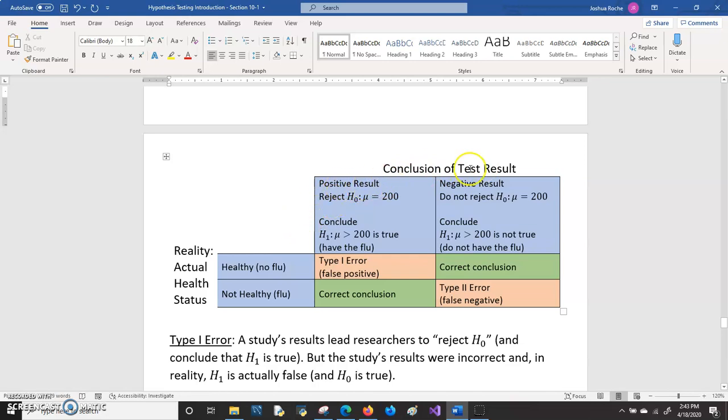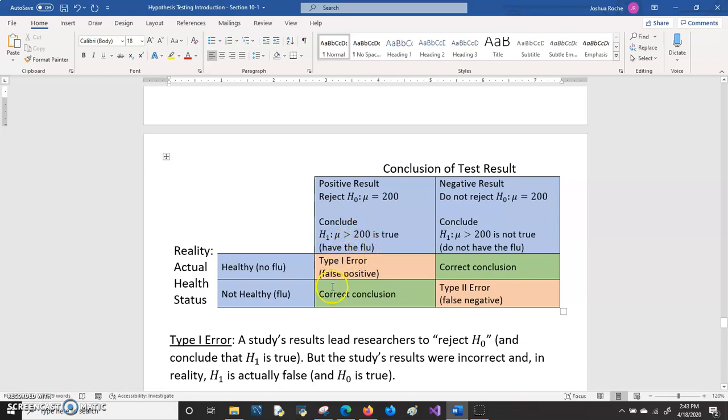So one outcome of the blood test is that you get a positive result, and if that were the result, you would say that you reject the null hypothesis. You're rejecting this, and you would conclude that the alternative hypothesis is true, meaning that perhaps you have the flu.